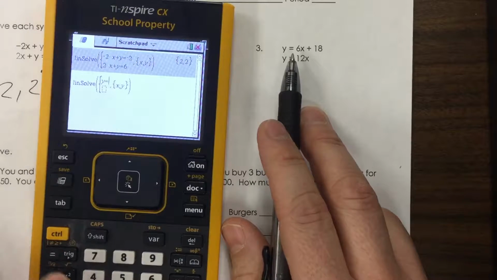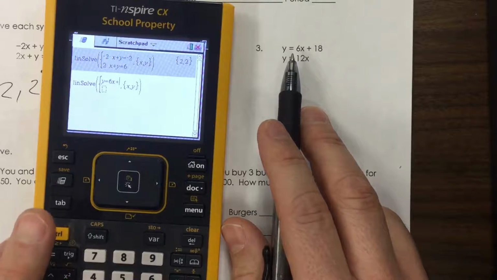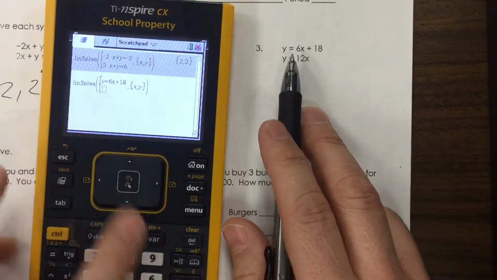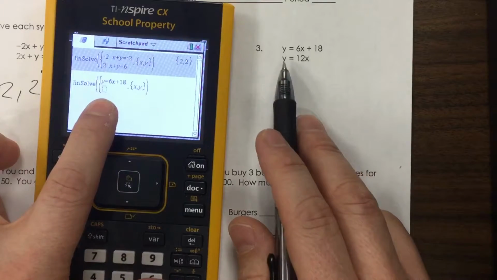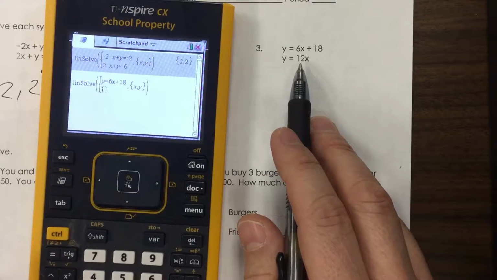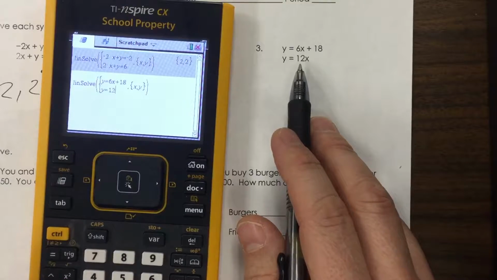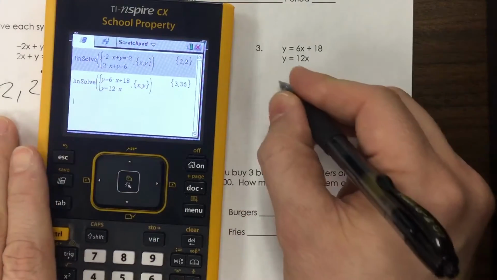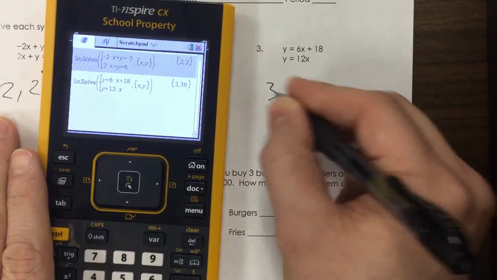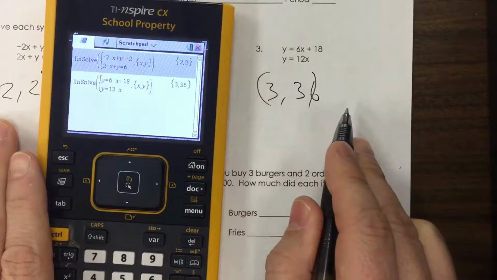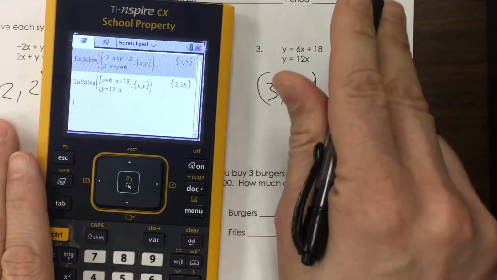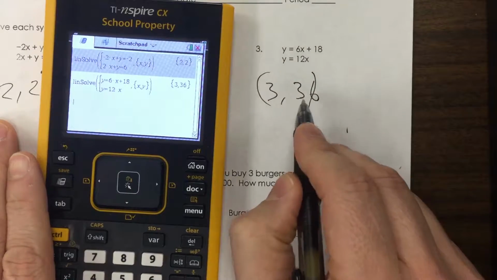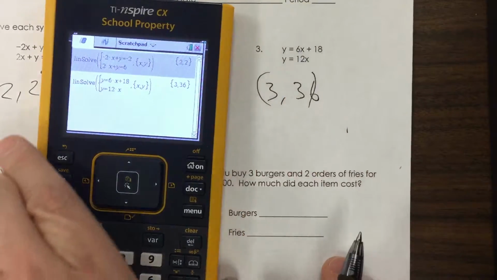Y equals 6x plus 18, arrow down, y equals 12x. There's both equations. You push enter. 3, 36. That means you go 3 counts to the right on the x-axis, go 36 counts up, and that's where the point of intersection is.